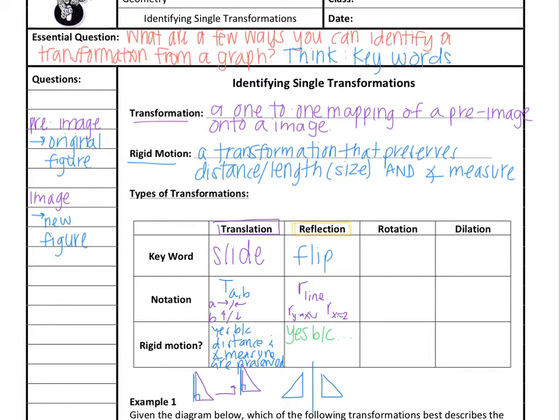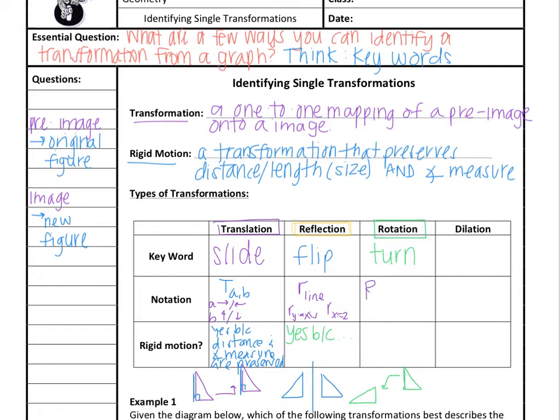Our third transformation is called a rotation, and the key word for that is a turn. You turn a figure around a certain number of degrees. So again, let's sketch this real quick. Say that we start with the triangle being upright, and we want to turn it 90 degrees. So then it turns itself towards the left. So with a rotation, our notation is as follows.